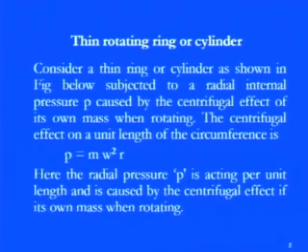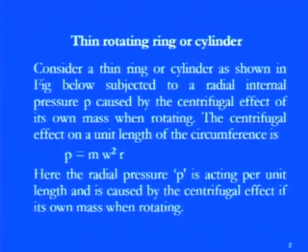So the centrifugal forces act in the radial direction of this rotating ring, due to the centrifugal effect of its own mass, and we always have centrifugal stresses when it is rotating.